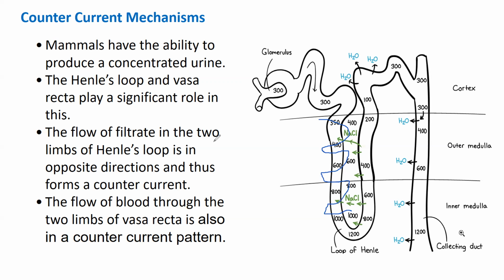Since the fluid is flowing in two opposite directions, that helps in the concentration of the filtrate. Okay, and how, we will discuss. But first of all, write down these 4 points. This is a very introductory part of the counter current mechanism. Then one by one, we will discuss exactly how it happens. Yes, sir.